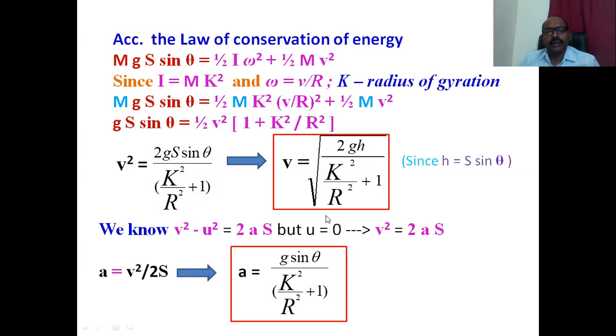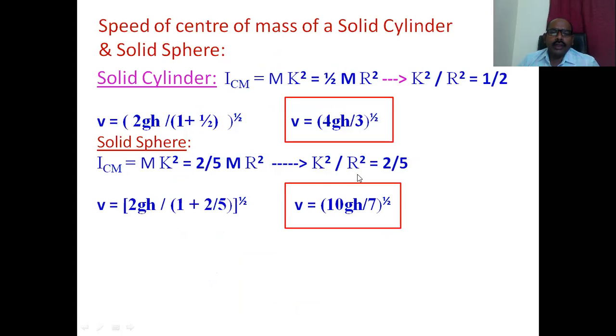For any body, we have to find the ratio of the radius of gyration and its geometrical radius. In case of a solid sphere, k square by r square is 2 by 5, which comes from the moment of inertia of a solid sphere about its center of mass, 2 by 5 mr square.